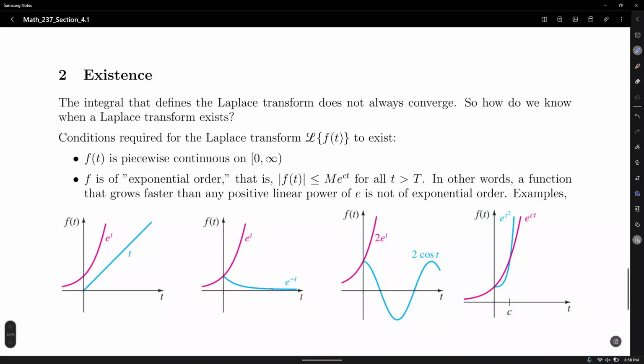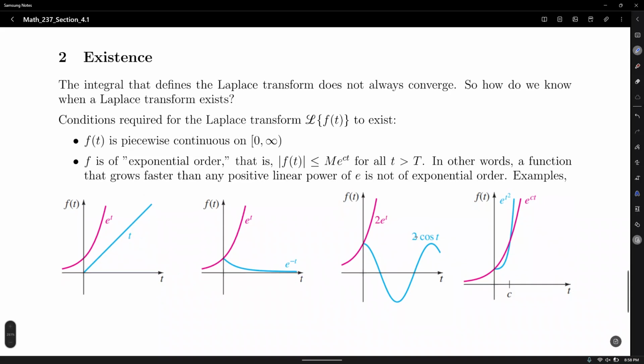What about e to the negative t? Even e to the negative t is a decreasing function. So e to the t is still dominating, still growing faster than the other function, which is decreasing, not growing. All right, so e to the t is a function of exponential order.